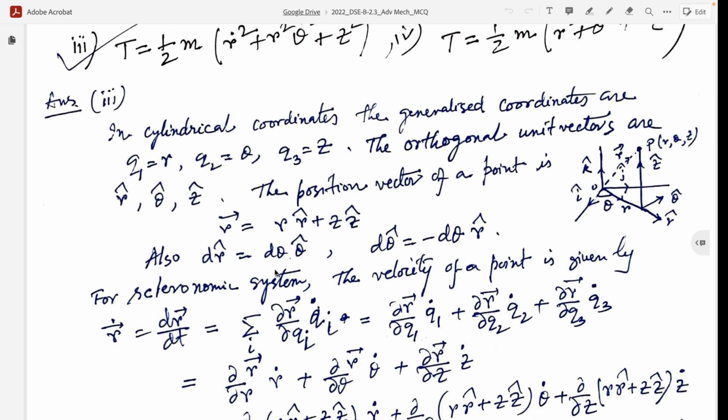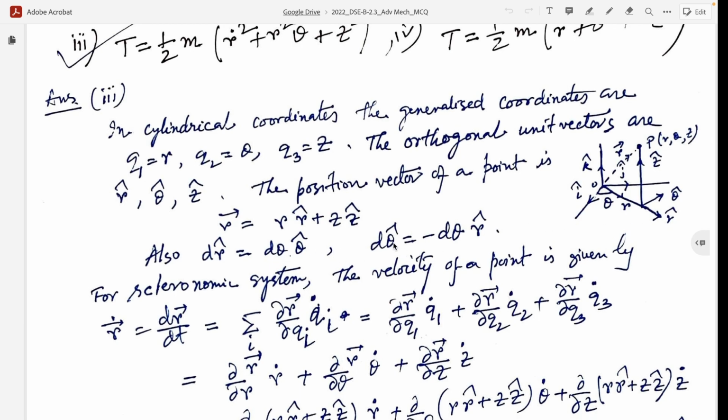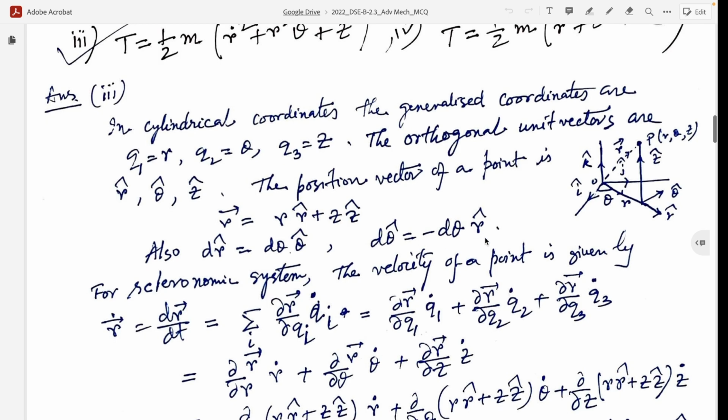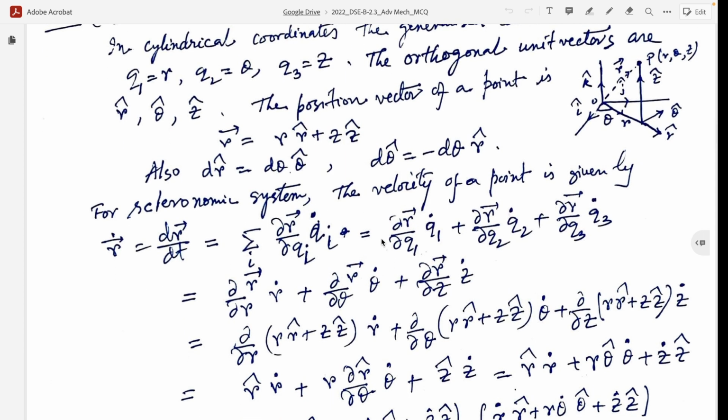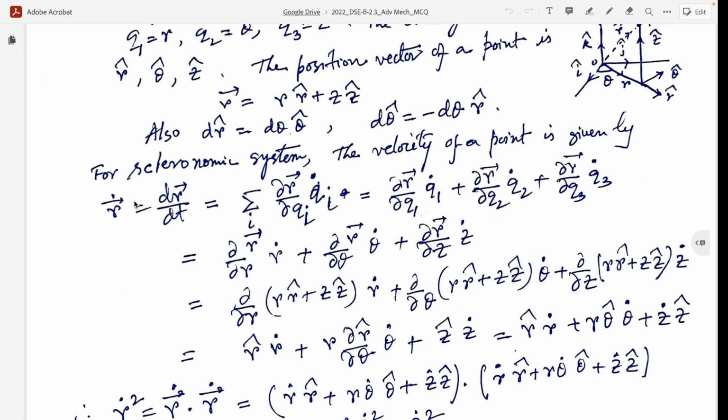Also d r cap equals d theta into theta cap, and d theta cap equals minus d theta into r cap. For a scleronomic system, the velocity of a point is given by r vector dot equals d r vector by dt, equal to the summation over i of del r vector by del qi into qi dot.